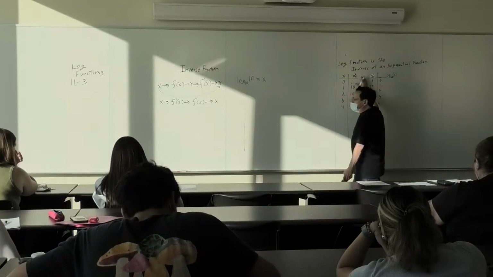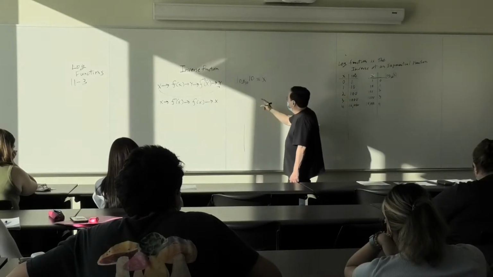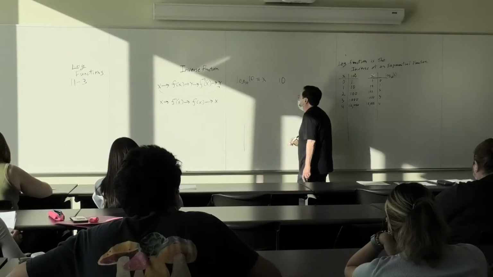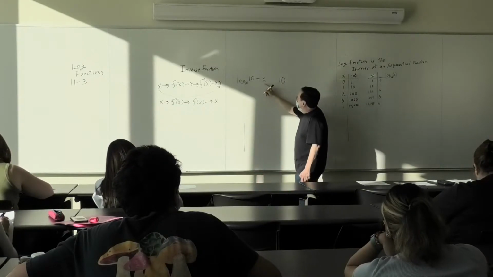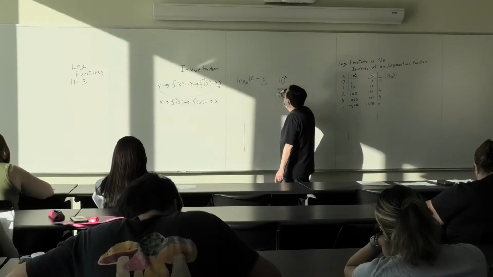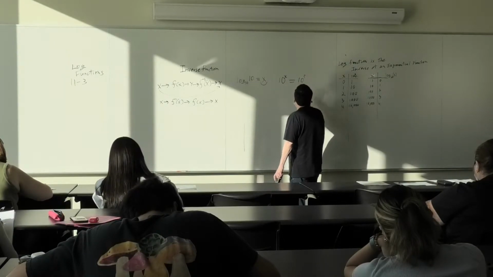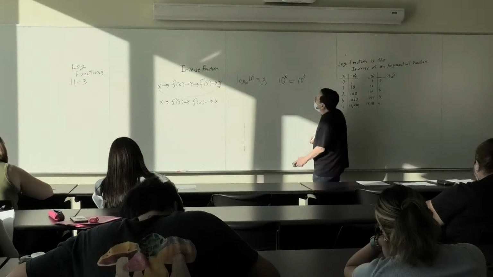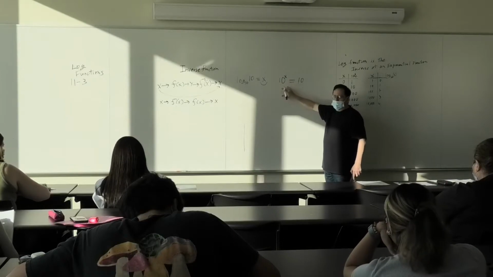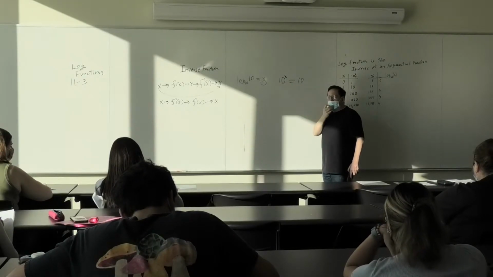Rewrite it as an exponential. Let's do this carefully. The 10 is the base. That's what we're raising something to. The log is the exponent. And this is what 10 to the x is equal to: 10. So if you look at it this way, I think it's pretty clear what x is, isn't it?